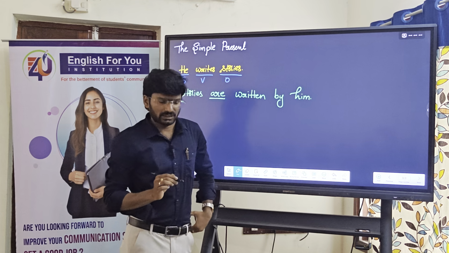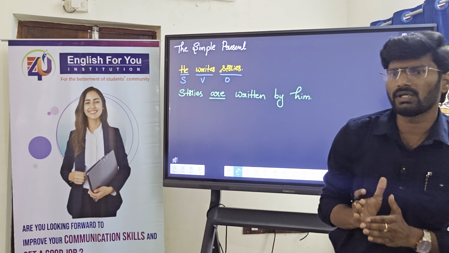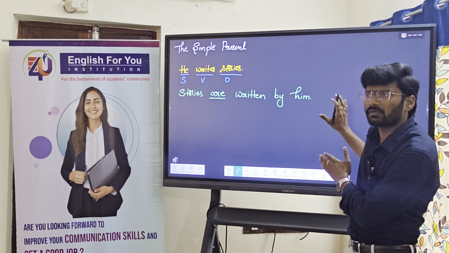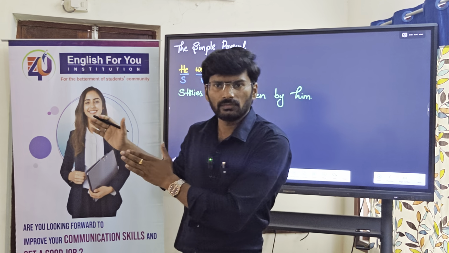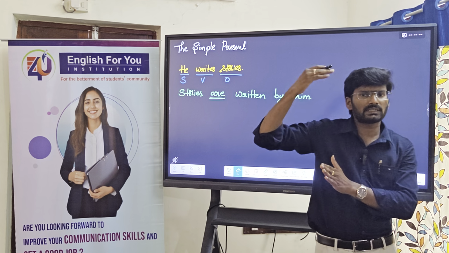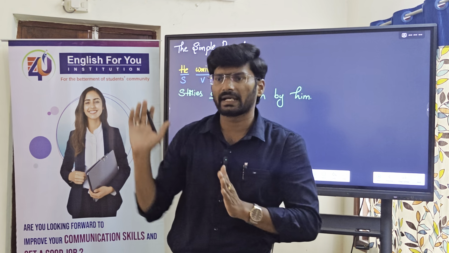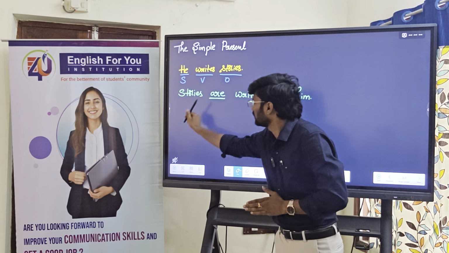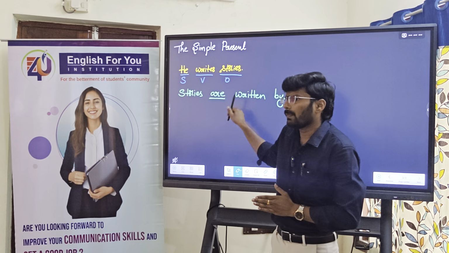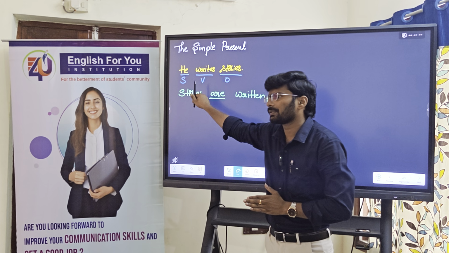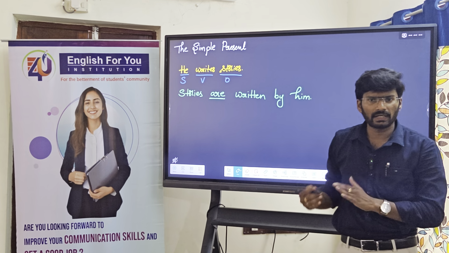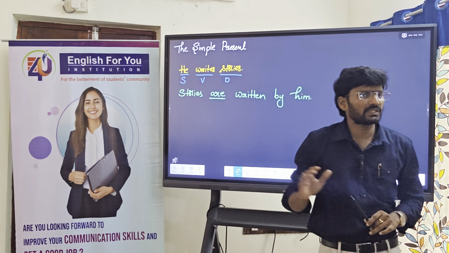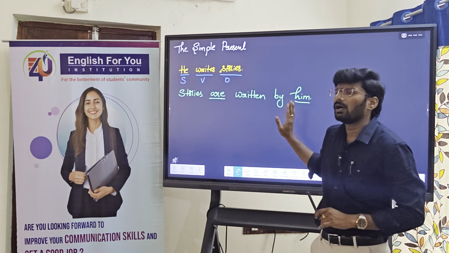When I was telling the structure of a sentence, I clearly mentioned that in the place of the object a pronoun will come, but which pronoun? The objective pronoun will come. Do you remember? Yes, sir. Try to recollect. That's the reason I always say, if I say something, there is a reason behind. So here I can't write "he". I didn't change "stories", the same I wrote: stories are written by... We can't write "he", we can't write "him"... sorry, stories are written by him, because this is the object place.